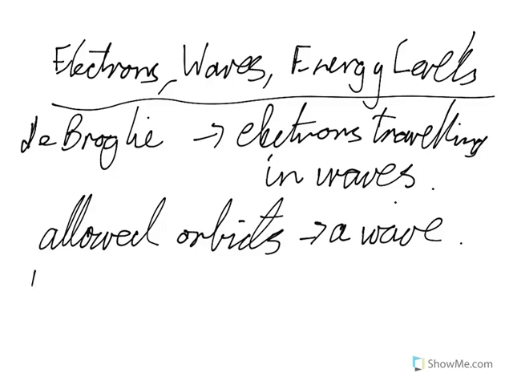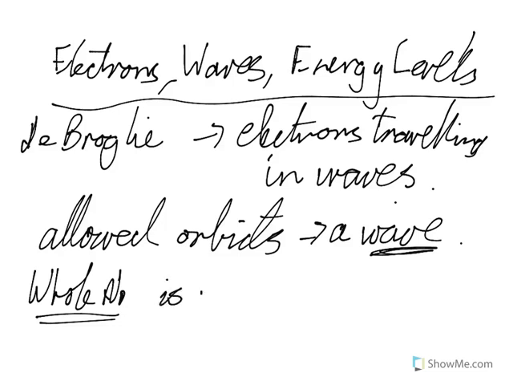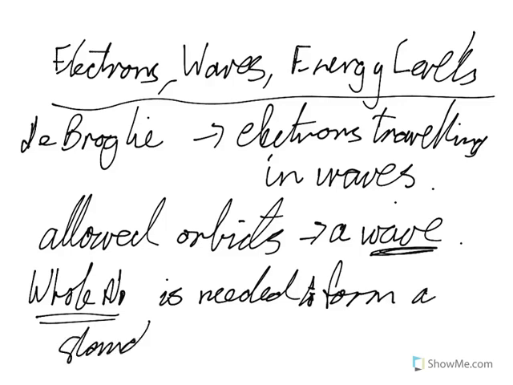And so if you have a whole number of wavelengths, that is needed to form a standing wave. And then if it does that, then it's all happy and away it all goes.